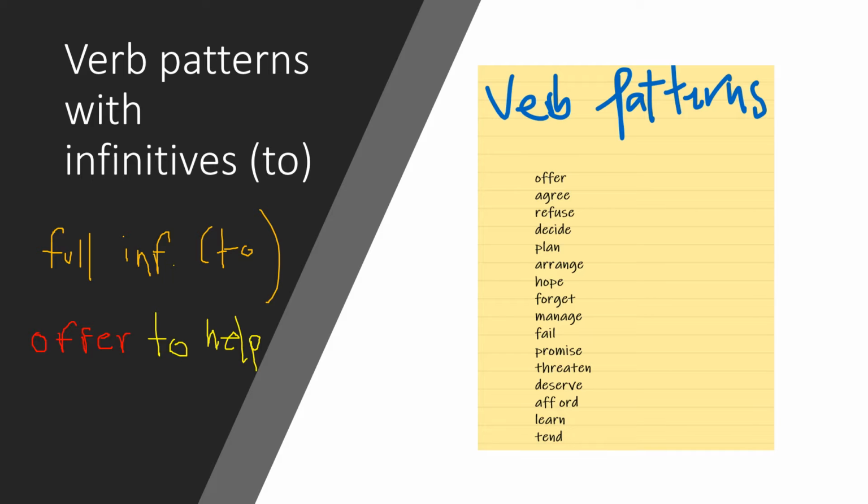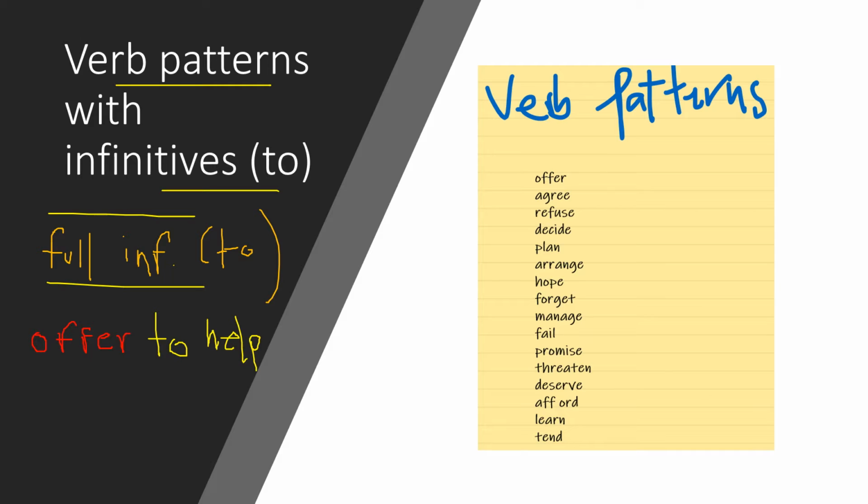So in this case, if we compare with the verb pattern number one, we now have two verb patterns or two verb forms. The first form was the gerund, and now we are going to see the verb patterns with "to", which is the full infinitive. The full infinitive is the second in this series.